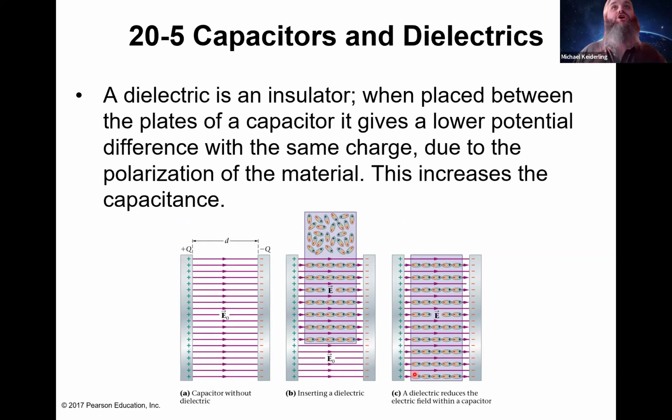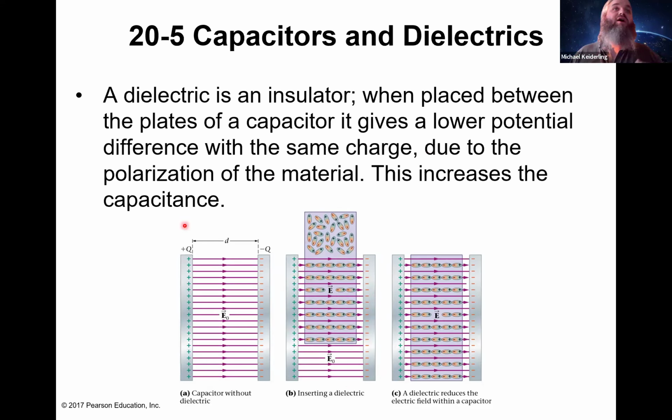And what this will do is that when you put a dielectric in between the plates of a capacitor, the charges will line up and oppose the electric field. Negative charges will be attracted slightly to the positive plate, and positive charges will be attracted slightly to the negative plate, and that'll effectively reduce the electric field.